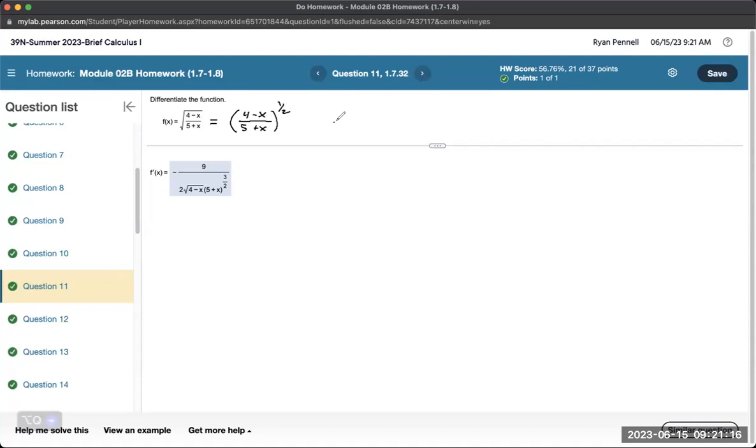So if u equals 4 minus x over 5 plus x, then f itself, let's say f of u, just equals u to the 1/2.